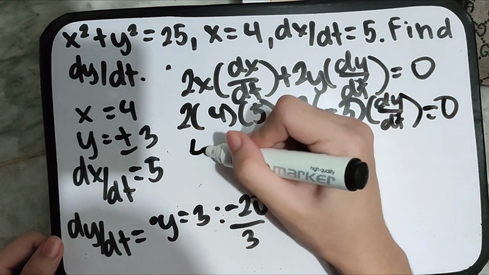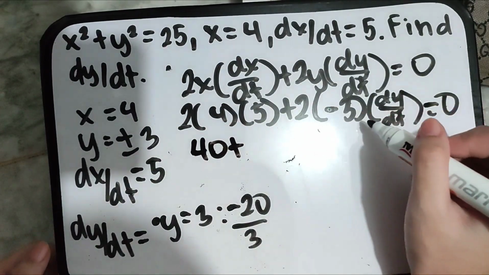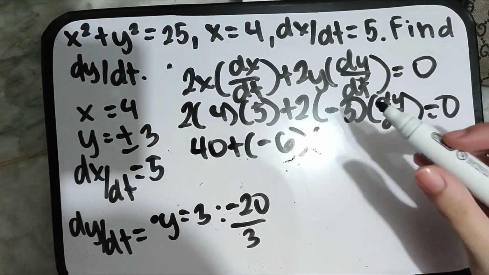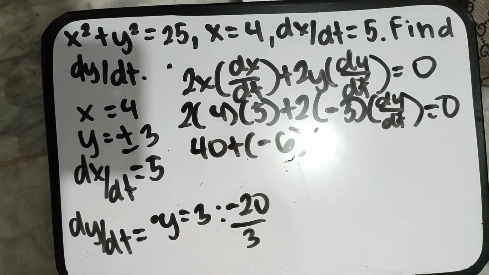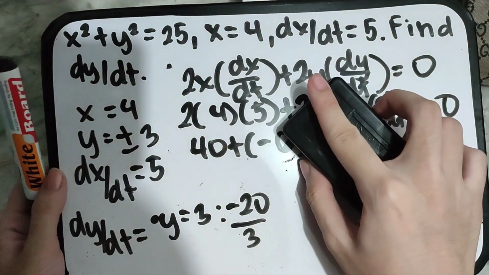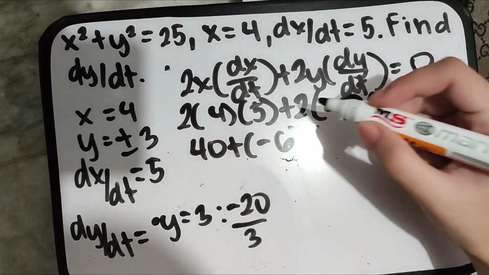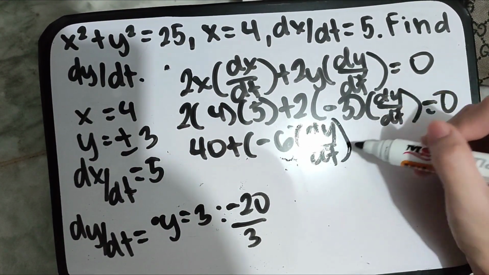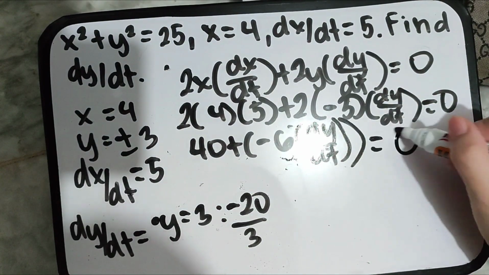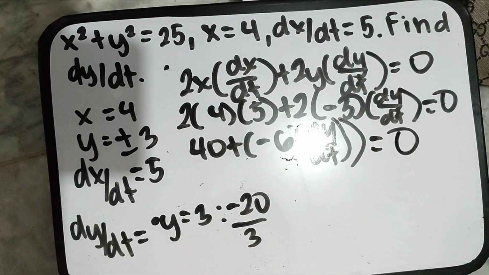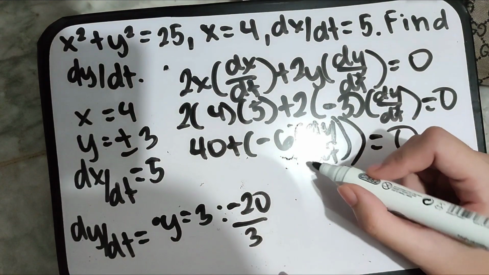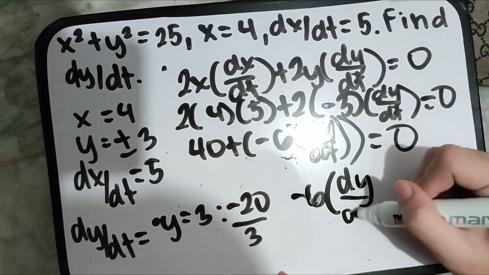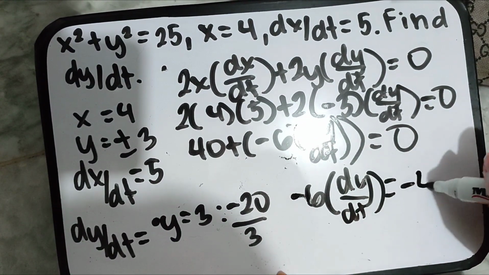Then let's simplify. 40 plus negative 6 dy over dt is equal to 0. Then let's move 40 again to the opposite side. Negative 6 dy over dt is equal to negative 40.